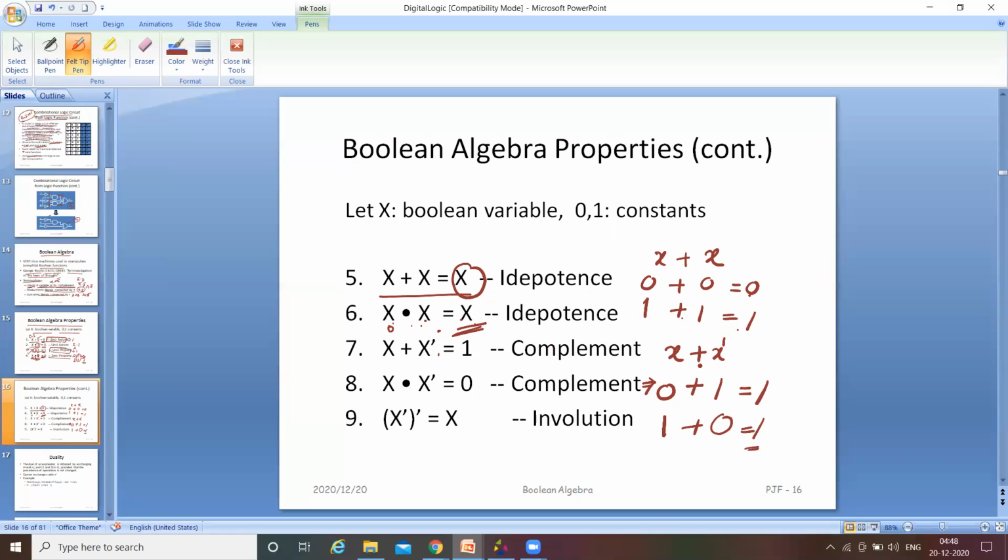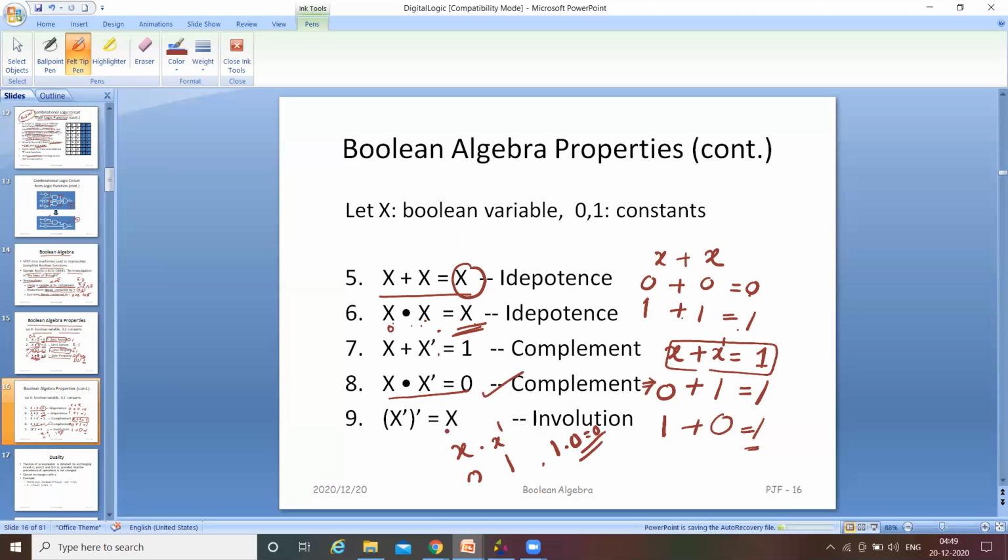Therefore x plus x bar is always equal to 1. Similarly, x dot x bar is always 0. Why? Because with x dot x bar, if x is 0, this becomes 0 dot 1. If x is 1, it is 1 dot 0, so it will always become 0.